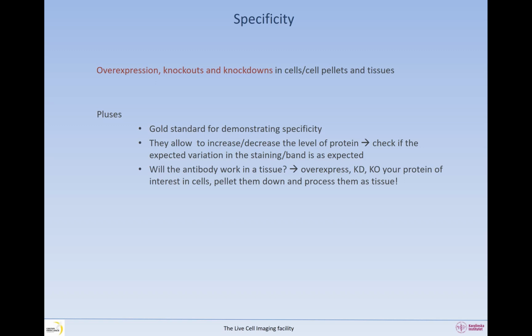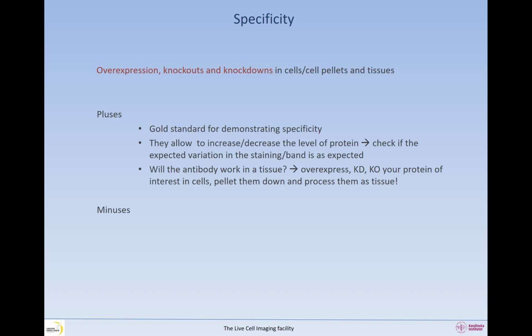But if you have to see if your antibody works in a tissue, it will be much harder to have any overexpression, knockdown or knockout. So you can do this, as I explained in my previous slide, by taking your protein of interest, pelleting down the cells, and processing them as tissue.